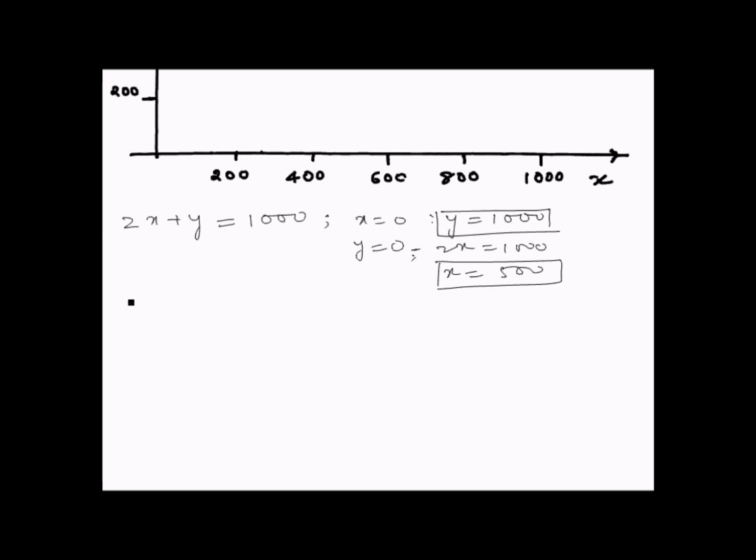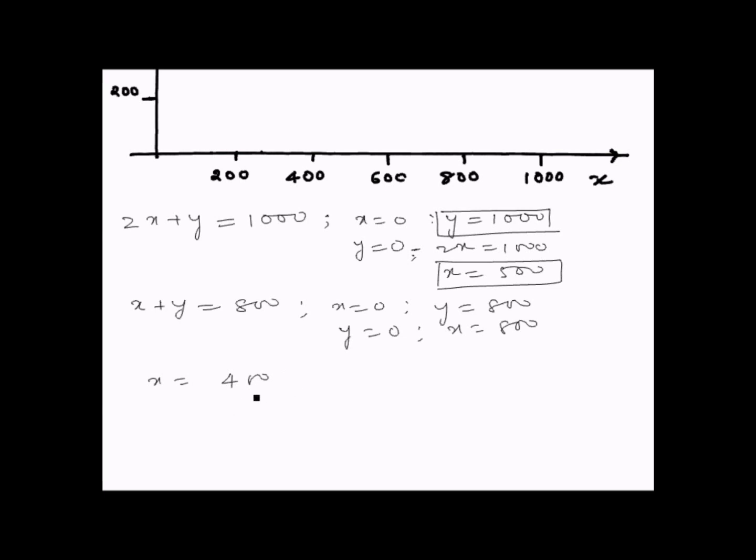The second equation is x plus y is equal to 800. So in this, if we put x is equal to 0, we get y is equal to 800. And if we put y equals to 0, we get x is equal to 800. The next constraint or the next equation is x is equal to 400.